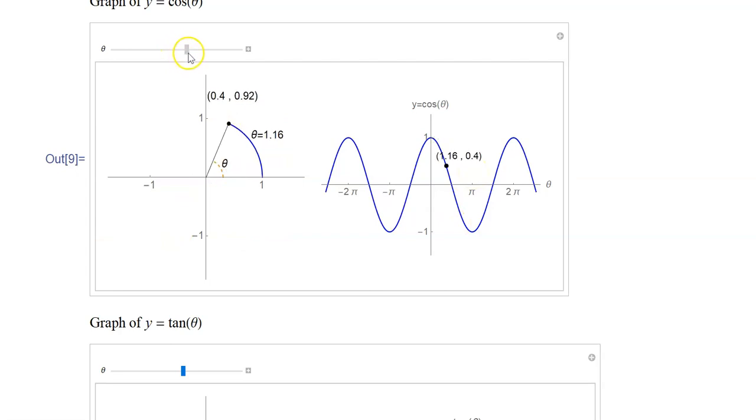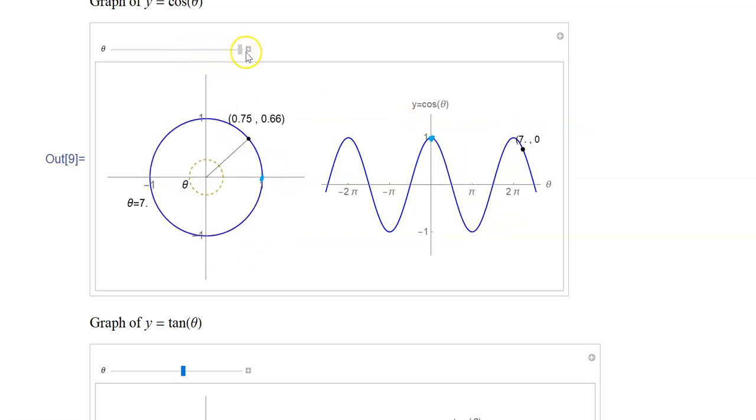And so notice if we start at theta equaling 0, this point right here has an x-coordinate of 1, so we plot the point 0, 1, and then we just continue. And we see we trace out the graph of the cosine function like this.